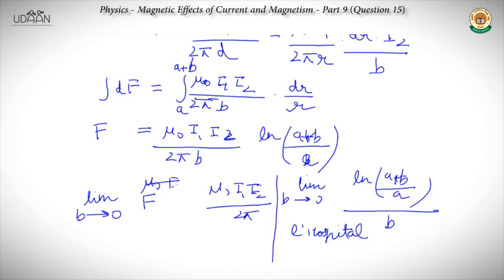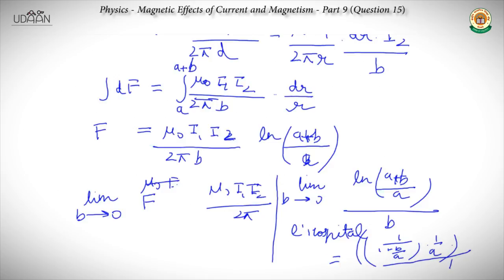We differentiate it, so it will come out to be 1 over 1 plus b by a, whole into 1 by a, this whole divided by 1.